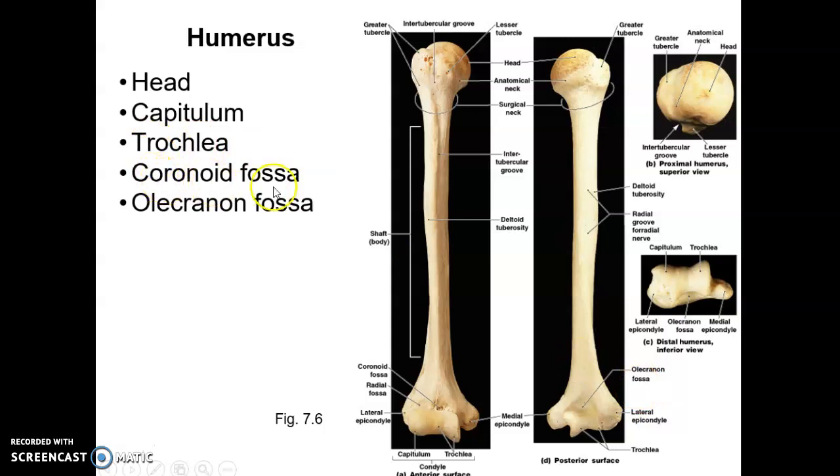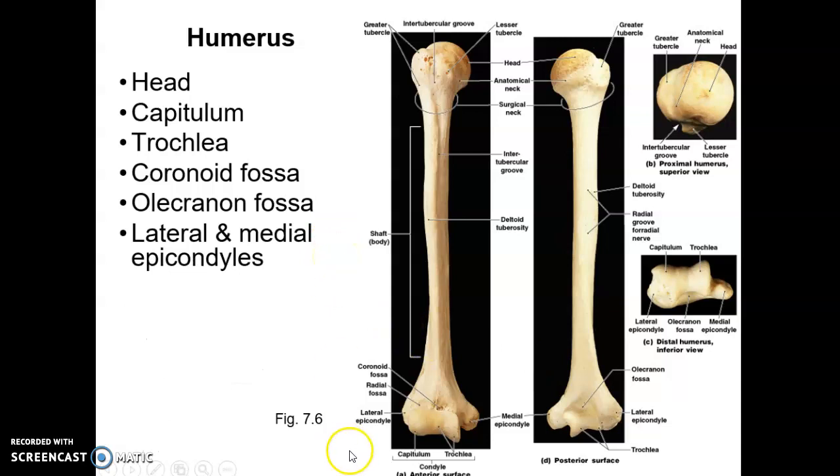The coronoid fossa accommodates the coronoid process on the ulna, and the olecranon fossa fits the olecranon process on the ulna as well. We'll see that in a couple of minutes. That helps accommodate the ulna when you flex your arm at the elbow and extend the arm at the elbow.